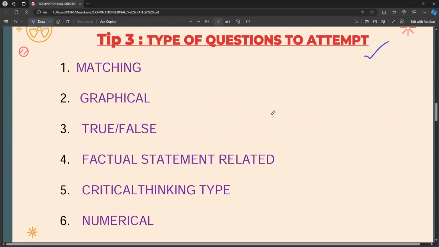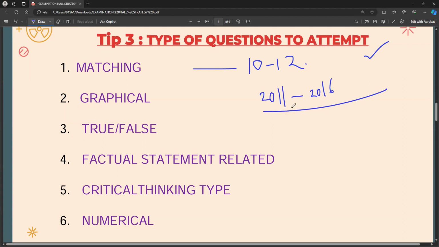Now tip 3. We should look into the last 10 to 12 question papers. Why? Because we can't compare with the very old CSIR exam question papers. The reason behind that: from 2011 to 2016, I can use the word that the level will be medium to difficult.